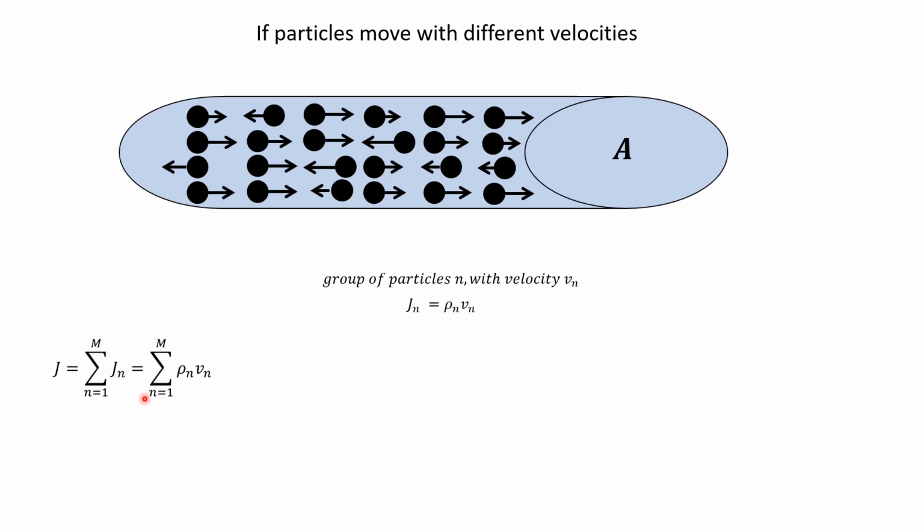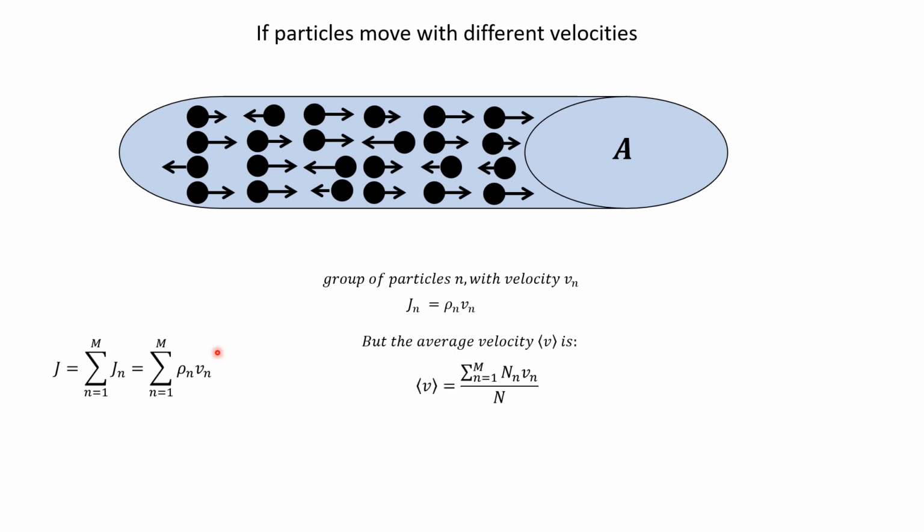So this becomes an expression for the total current density. And notice that V could be negative. So this number could even be 0 if, say, half of the particles are going to the right and the other half are going to the left with the same speed. Then we would have J being, for example, 0.